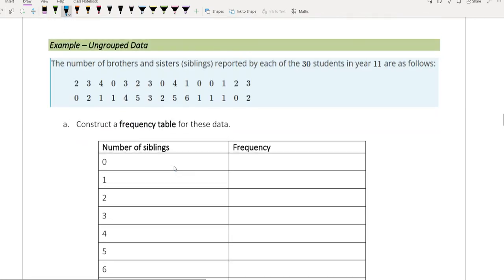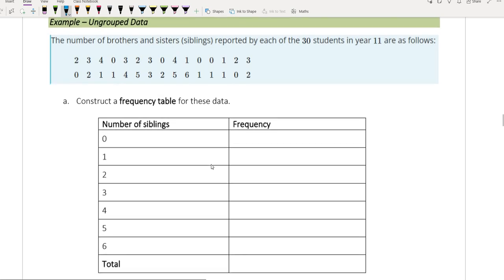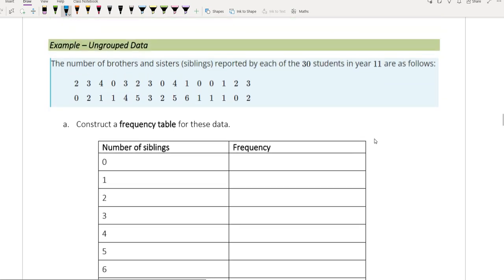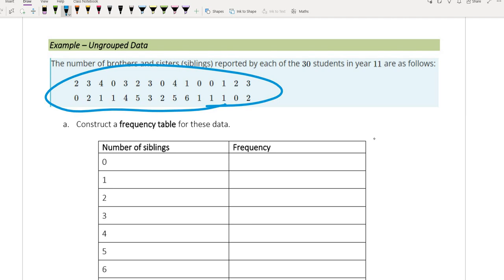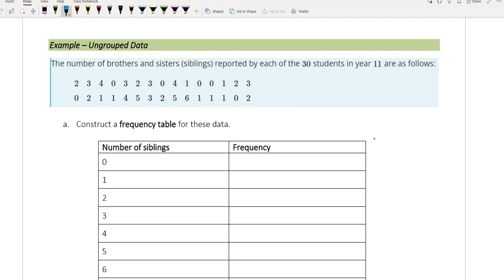So let's do that, starting with ungrouped data. This one is going to be ungrouped data because, looking at our data, the data doesn't vary as much. It starts at 0 and only goes up to about 5. So there's no need to be grouping them like 1 to 5 or 0 to 5, because then we'll only have 1 bar on our histogram.